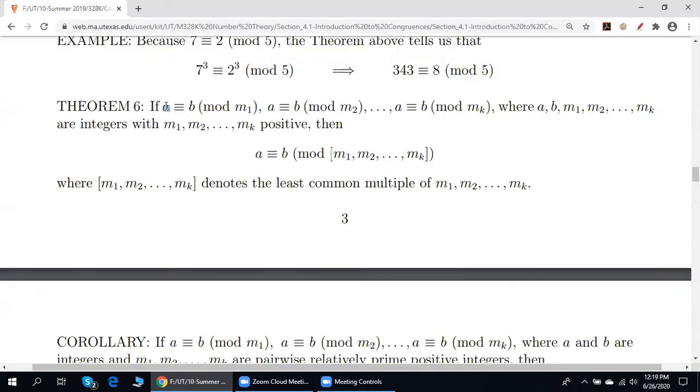Imagine that A is 4, B is 2. 4 is congruent to 2 modulo 2. So imagine that M1 is 2 and M2 is also 2. Note that 4 is not congruent to 2 modulo 2 times 2. It is congruent modulo the least common multiple of 2 and 2, which is 2.